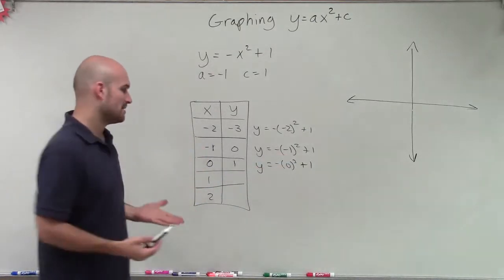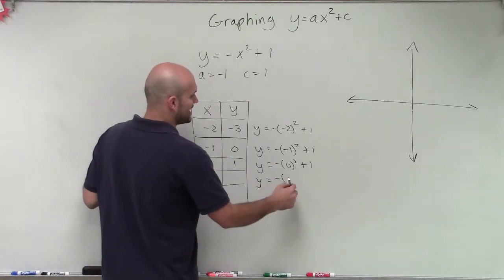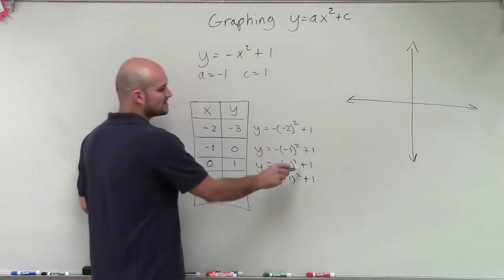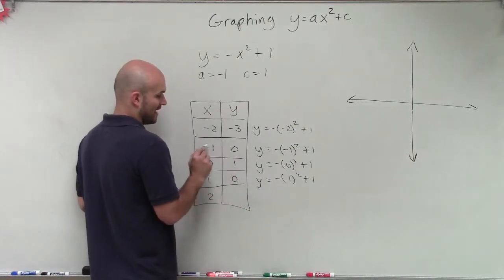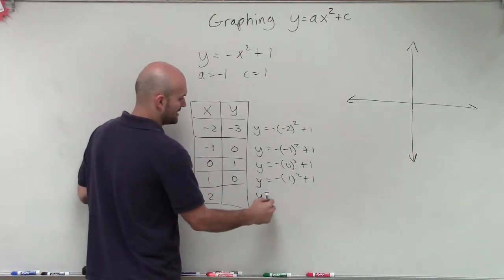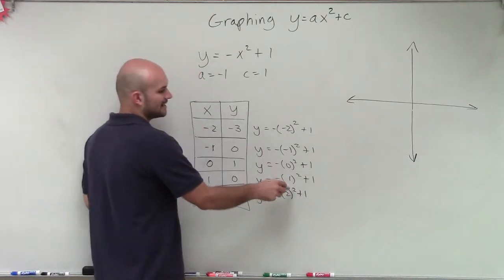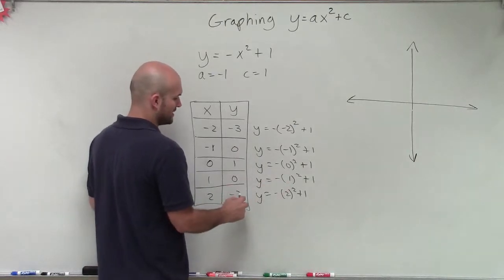The important thing to know about my axis of symmetry is that my points are going to be exactly the same. But let's go ahead and check it again, just to verify this. 1 squared is 1, times -1 is -1. That gives me 0, which is the exact same as for -1. And then y equals negative times 2 squared plus 1. That equals 4 times -1, which is -4, plus 1 is -3.